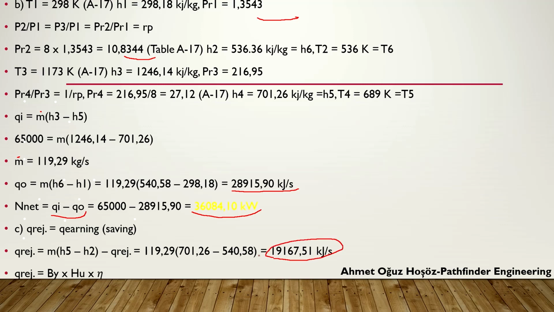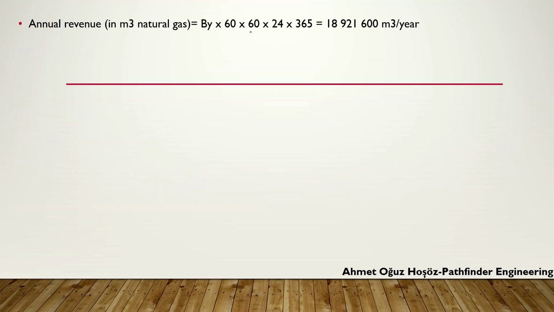Then let's calculate our money. Our Qregeneration corresponds to a saving of 0.60 cubic meter per second. If we multiply it by 60 for minutes, 60 for hours, 24 for days, and 365 for the year, it will be 18,921,600 cubic meters per year saving.